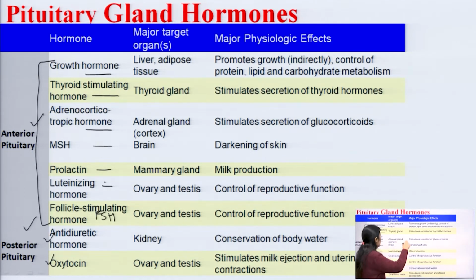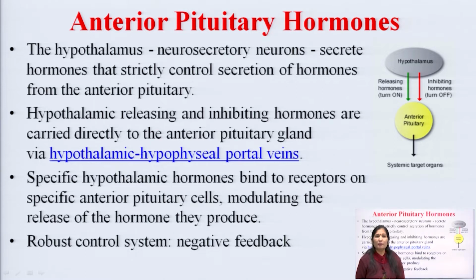So, these are the major target organs where they act. Major physiological actions we will study in detail in further slides. Anterior pituitary hormones: hypothalamus neurosecretory neurons secrete hormones that strictly control secretion of hormones from the anterior pituitary. So, anterior pituitary hormones are under control of hypothalamus.